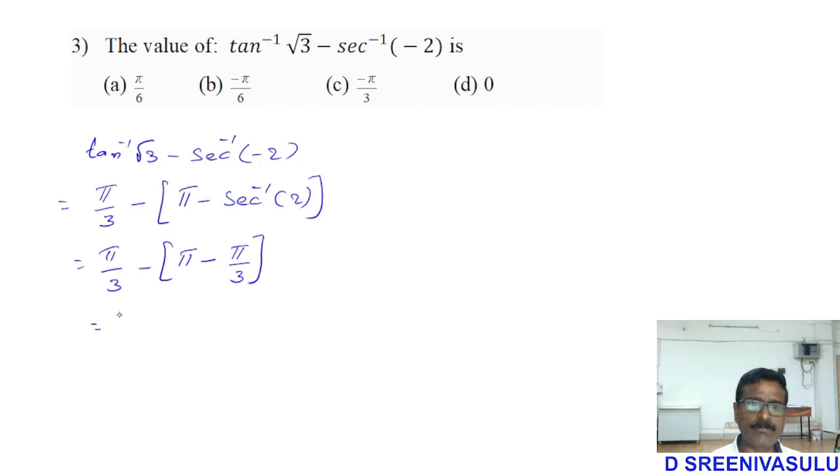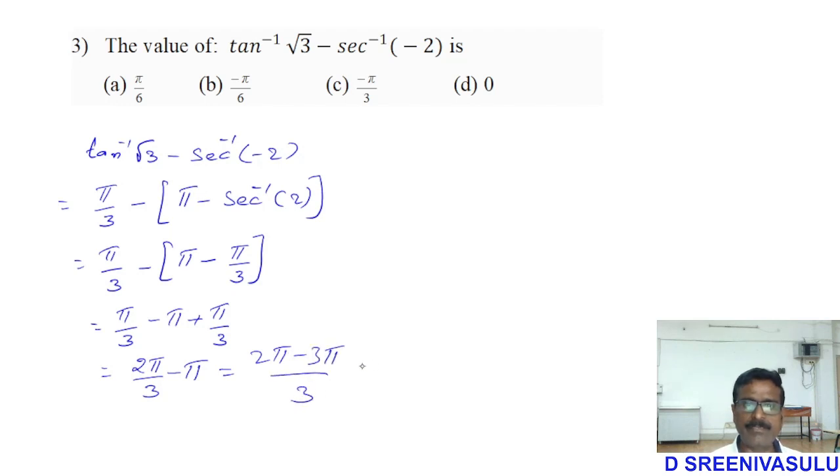So this is pi by 3 minus pi plus pi by 3, which is pi by 3 plus pi by 3, 2 pi by 3, minus pi. This is equal to 2 pi minus 3 pi divided by 3, which is equal to minus pi by 3. Which option is correct? Minus pi by 3. C is the correct option.